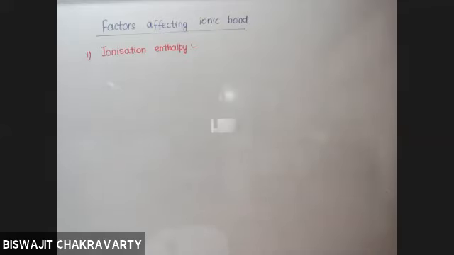And that is why we say that the favorable condition required in terms of ionization enthalpy is that the ionization energy should be low, because atoms with high ionization enthalpy cannot be good metals, and if they are not good metals, they cannot be the constituent of ionic bond.